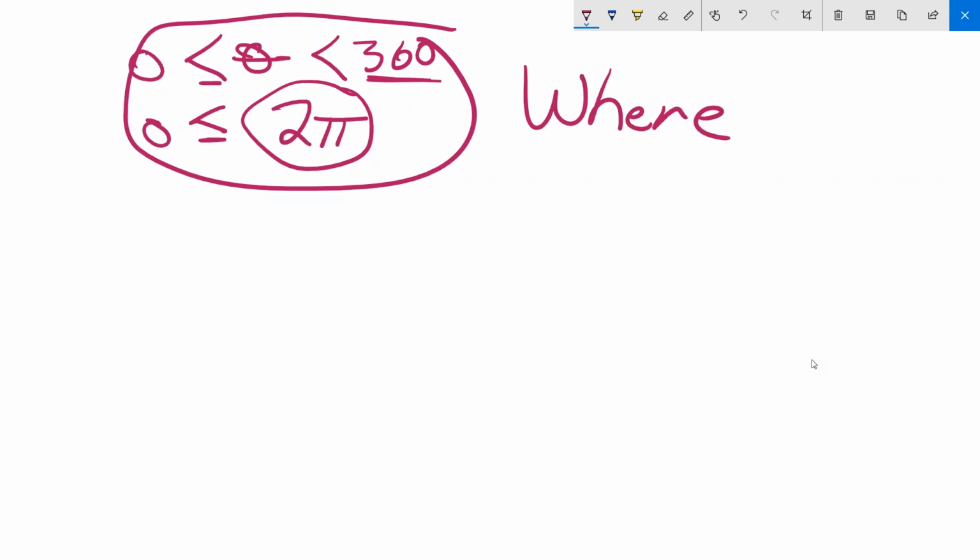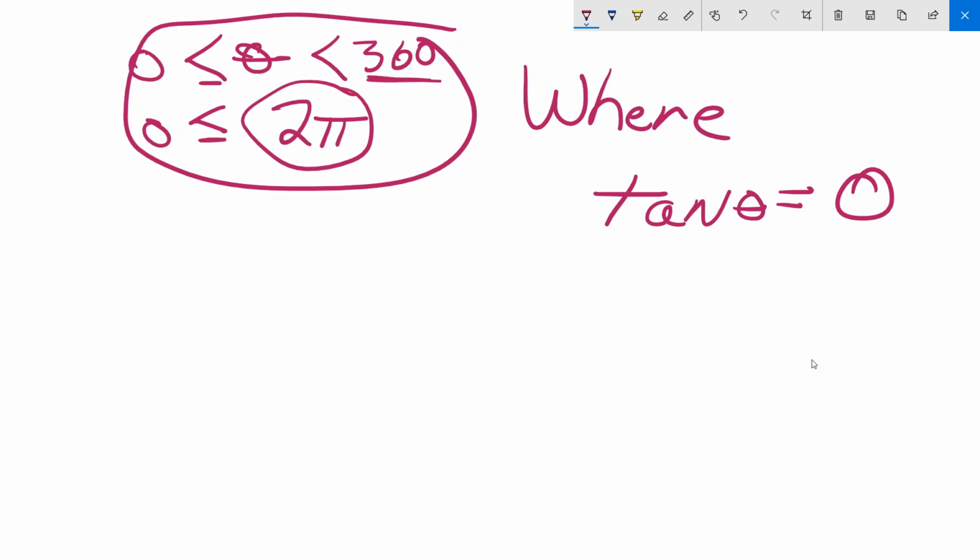What's the reciprocal of cotangent? Yeah, so we're looking for where tangent equals what? 0. Yeah, if tangent equals 0, the reciprocal of 0 is division by 0.